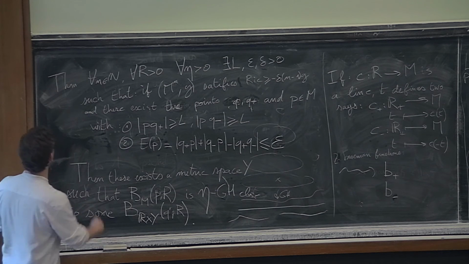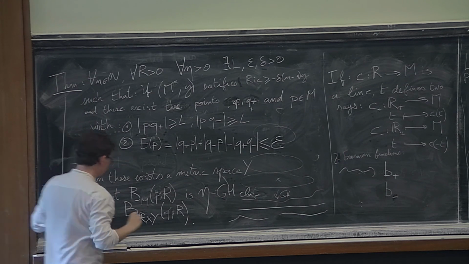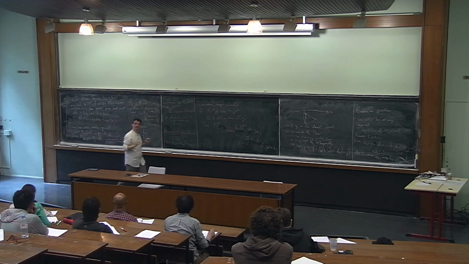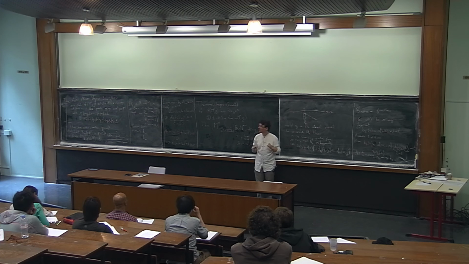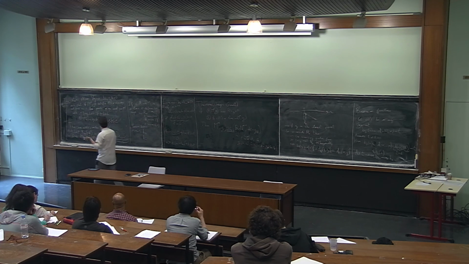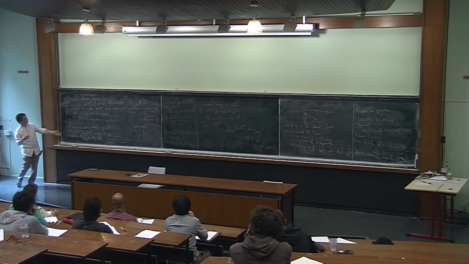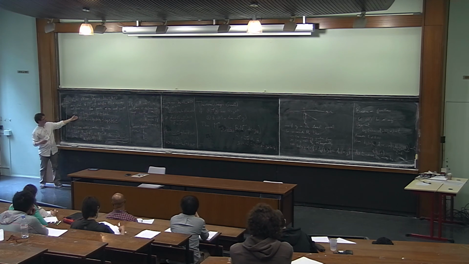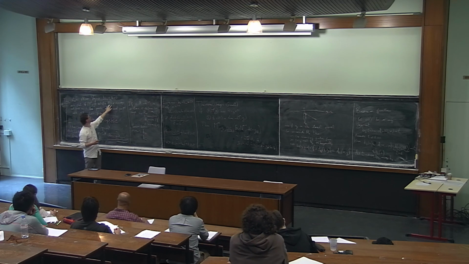And what is that? So that's an effective version of the Cheeger-Gromoll splitting theorem. So that tells you when the hypotheses of the Cheeger-Gromoll theorem are not quite satisfied, but almost.